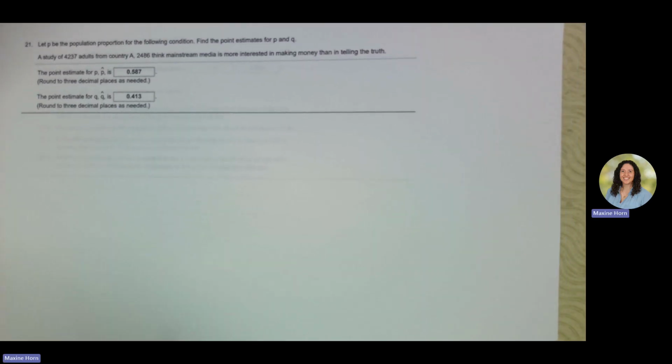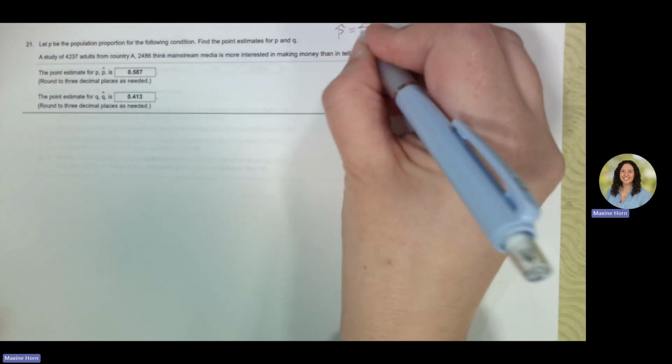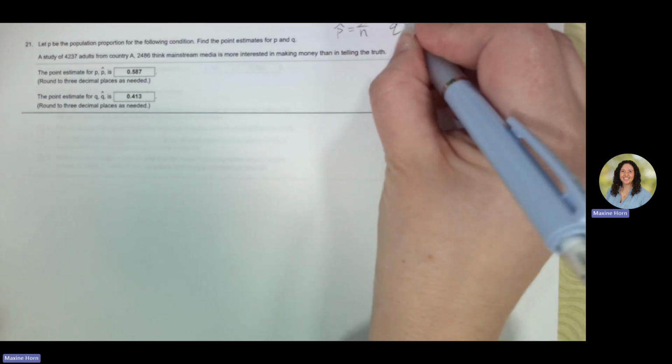Okay, let p be the population proportion for the following condition. Find the point estimates for p and q. So remember the point estimate is the p-hat, which is x over n, and then the q-hat, which is the complement of p-hat.